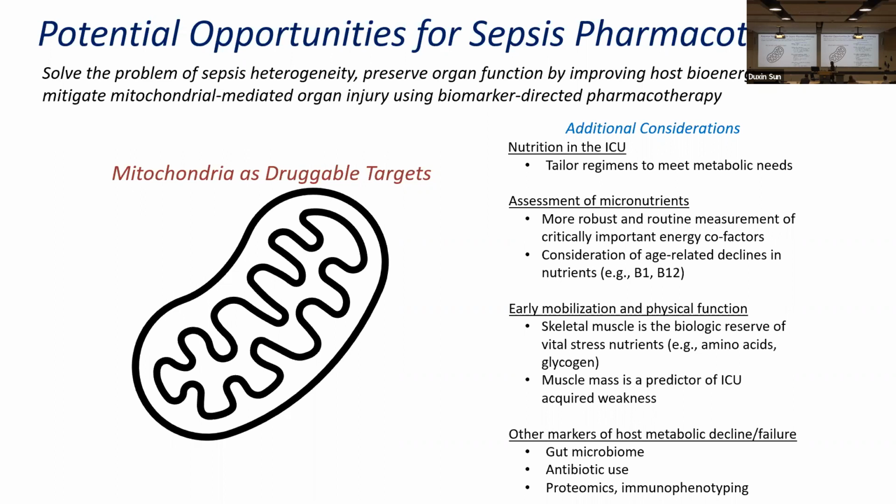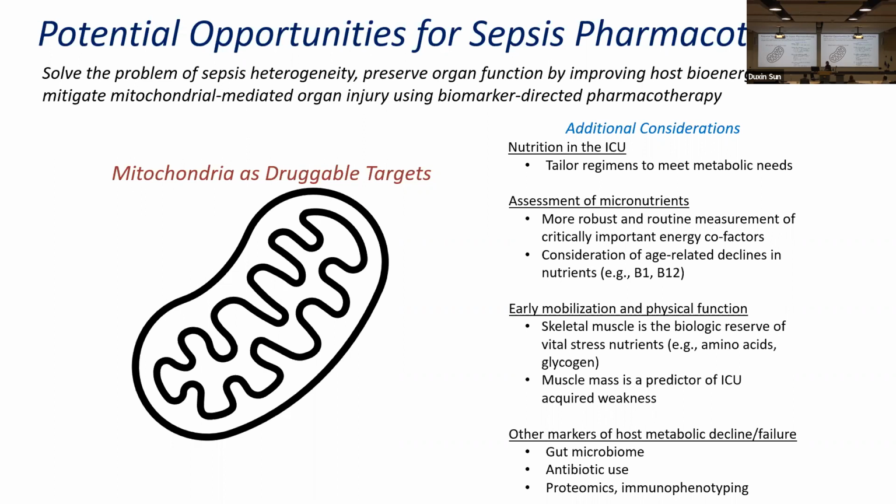Things like nutrition, I can tell you that nutrition in the ICU is all over the map, depending on where you land. There are some advocates of it. Others say no, it supports infection, you shouldn't feed patients. So I think understanding what the metabolic needs of our patients in the ICU are could maybe help us tailor these regimens to a more specific target.